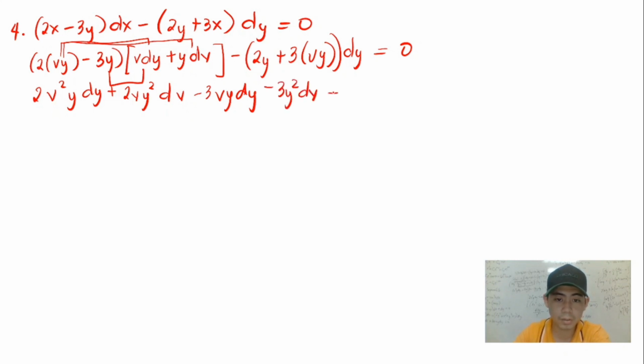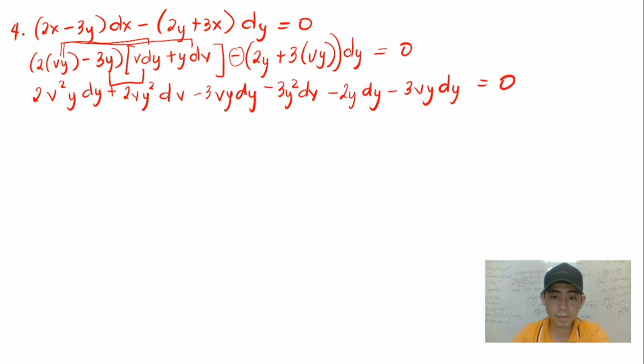Okay? Minus. Ito, distribute na rin natin kasi dinistribute na natin siya, mga lods. Okay, bakit minus? Kasi meron tayong minus dito. Okay? So, 2y dy, mga lods. Tapos, minus 3vy times dy, mga lods, is equal to 0.